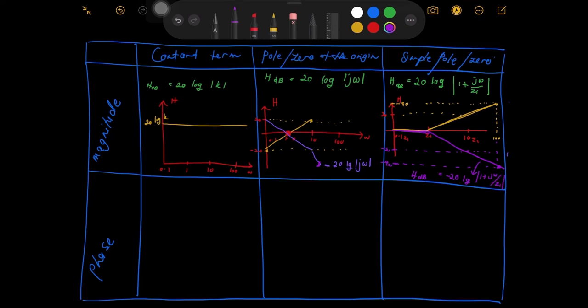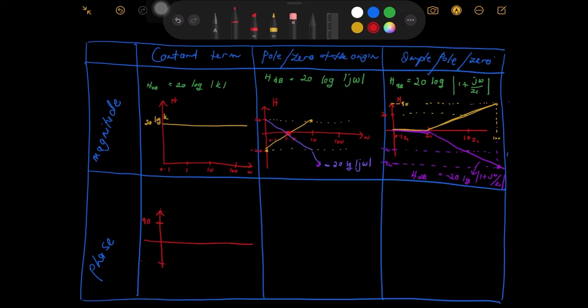Now we will go on to the phase plot. For phase, you have to bear in mind that the increment on the vertical axis is not decibels. Before this we had increments of 20 decibels, which is 20, 40, 60, 80, and so on.